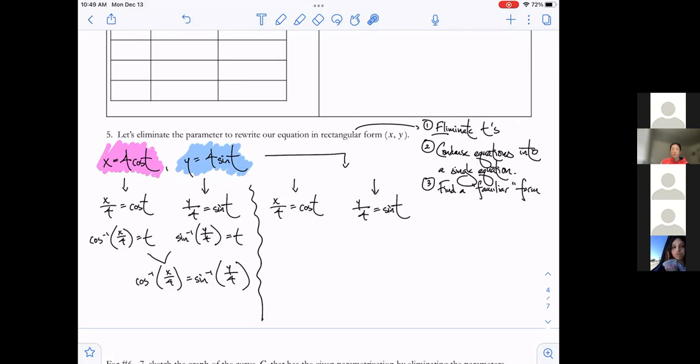What do we know in terms of identities about cosine and sine? What are some identities that we know about cosine and sine?